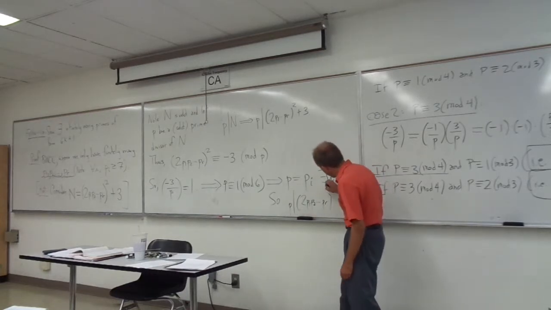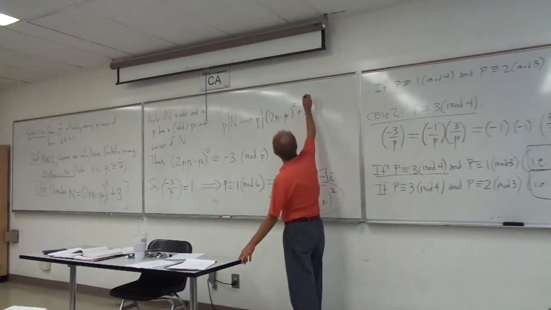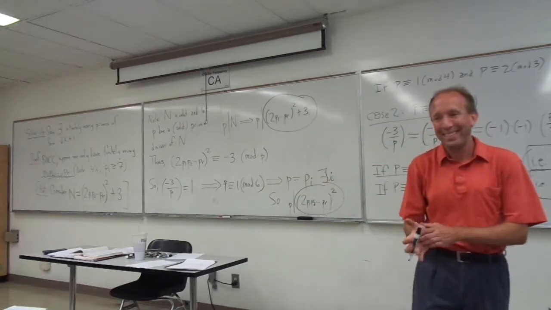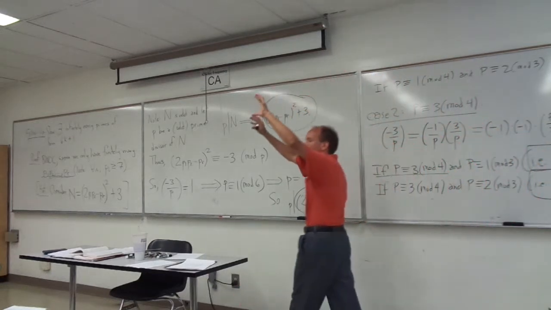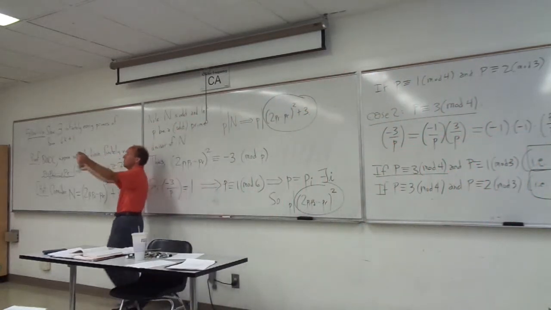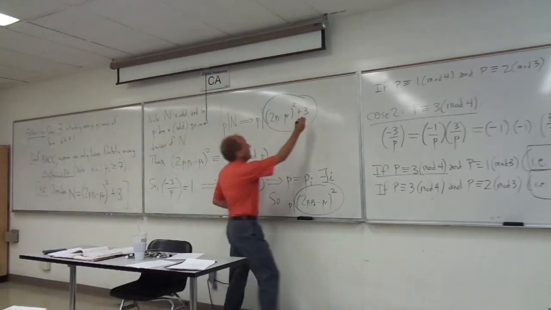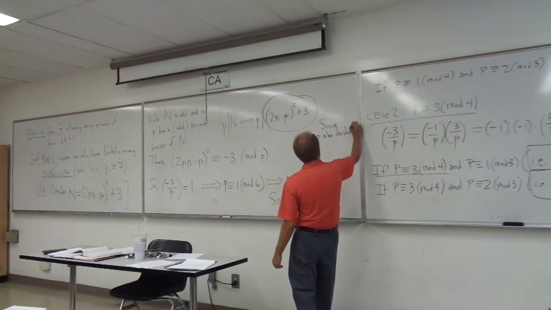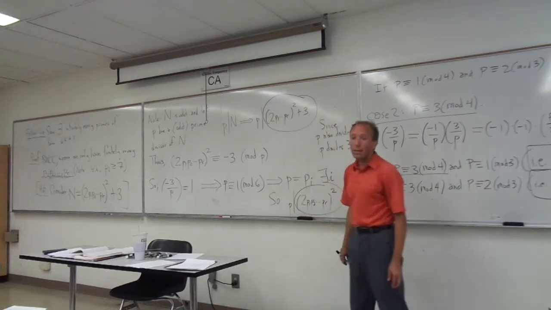So p divides this part, but p also divides n. So what do you do? You subtract them. That's what we've done every other time we've done one of these problems. Once you show that your prime divides both of those two numbers, you subtract them and conclude that p therefore divides 3. So p divides 3, and that is a contradiction.